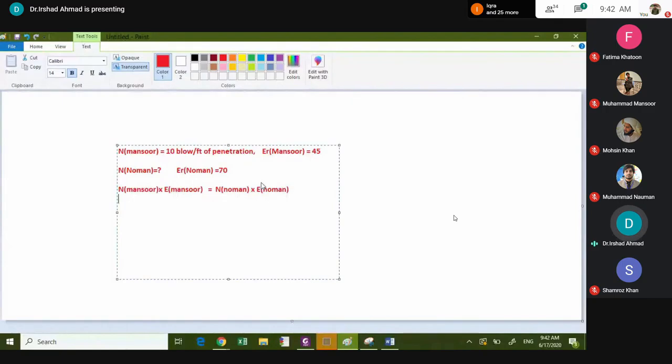If you put all these values, N Nauman equals 10 into 45 divided by 70. How much is this? 6.4. You got the idea?